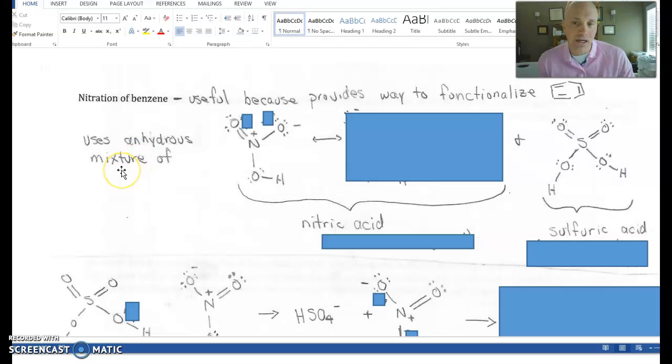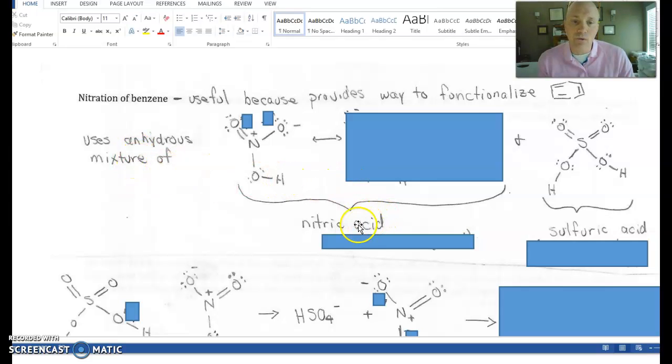In just about every science experiment you've ever done that involved mixing chemicals, we almost always have used water. When you're doing synthetic organic chemistry, you have to remember sometimes water does some things that we don't want. This is a case where water would actually be bad to have around in the reaction, and we'll show why in just a second.